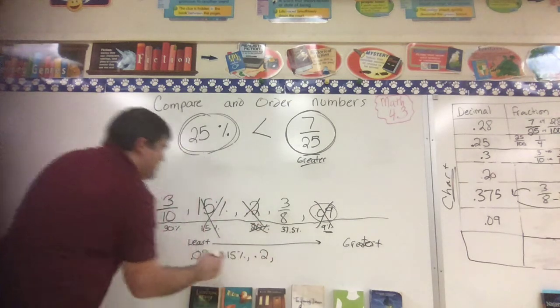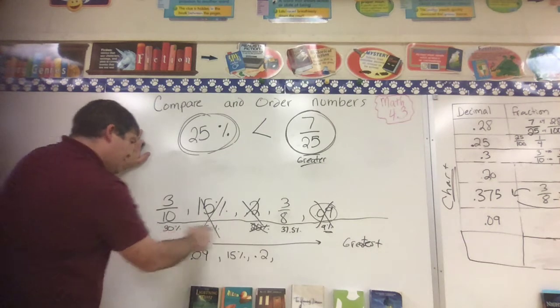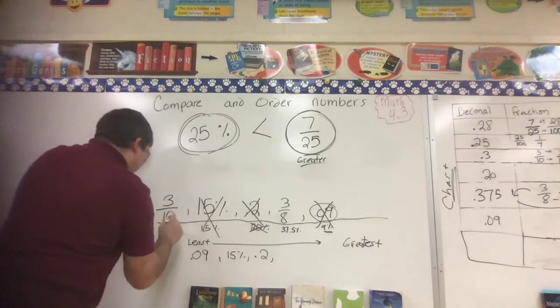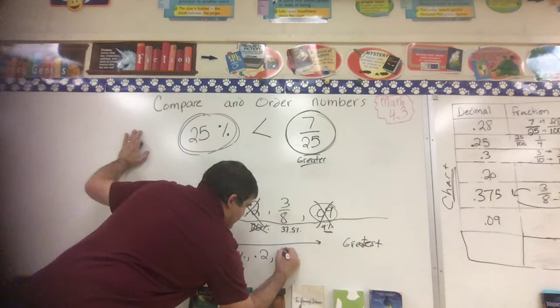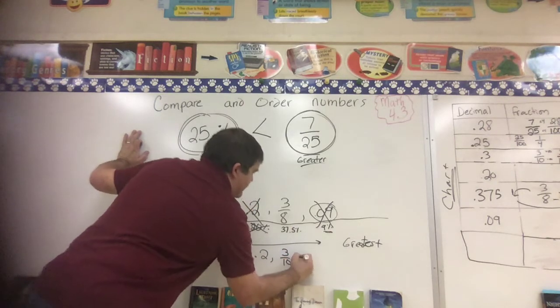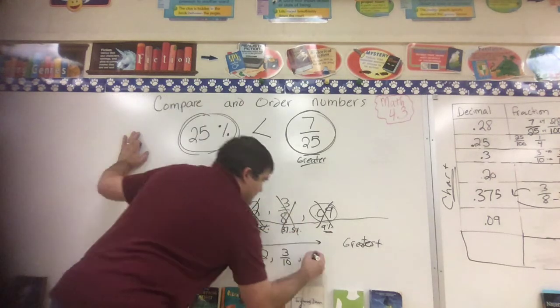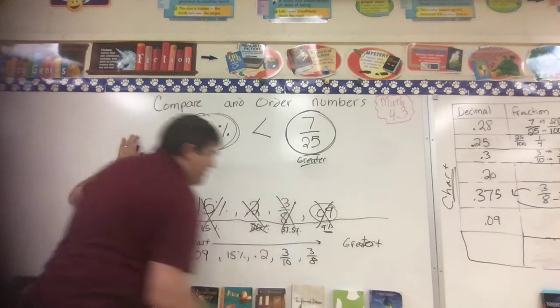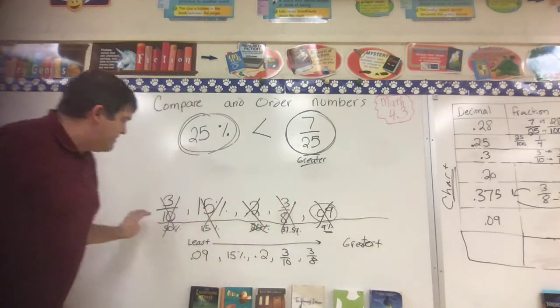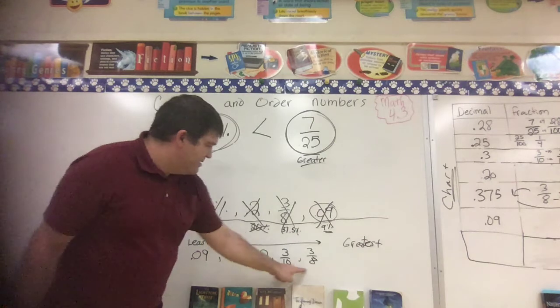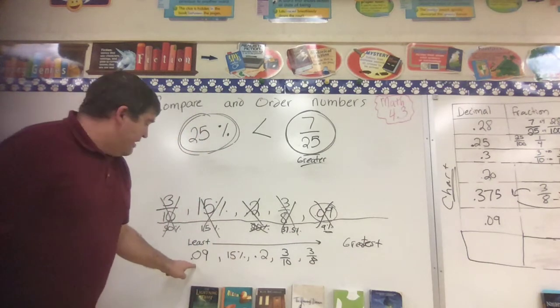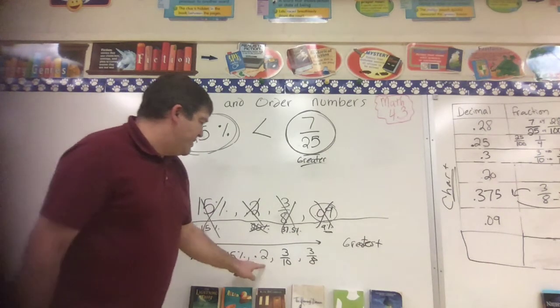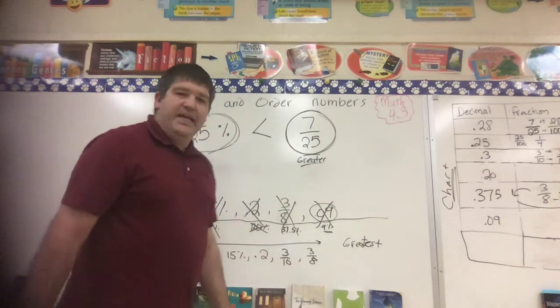Then 30, which is 3/10. And then the last one is 3/8. And I've ordered all these from smallest to largest. 0.09, 15%, 0.2, 3/10, 3/8.